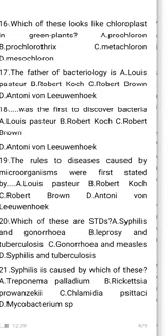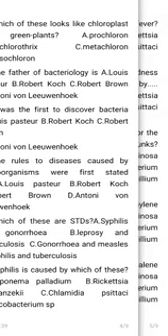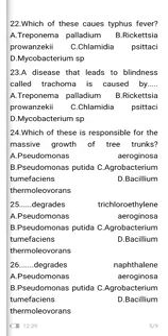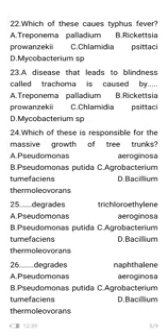Number 22. Which of these causes typhus fever? I never said typhoid fever. Typhus. A, Treponema pallidum, B, Rickettsia prowazekii, C, Chlamydia psittaci, and D, Mycobacterium species. Please, Rickettsia prowazekii causes typhus fever. Typhoid fever is caused by Salmonella typhi. Typhoid fever is a water and foodborne disease.